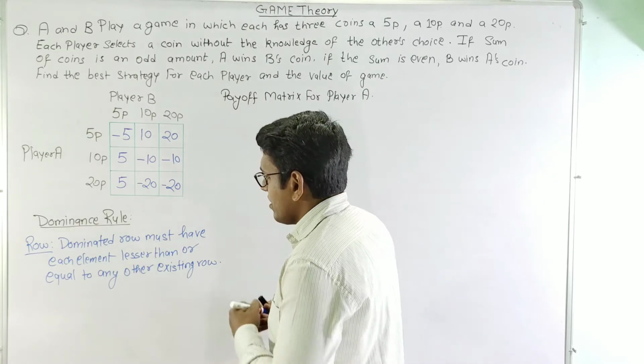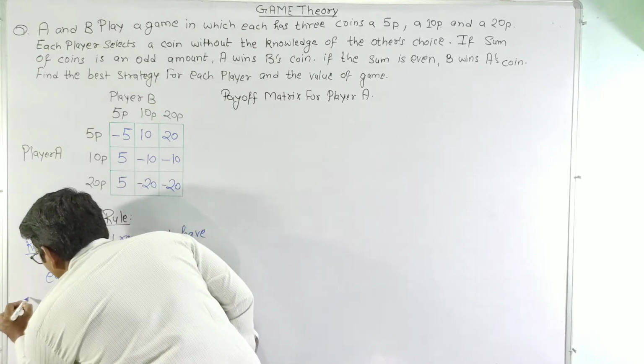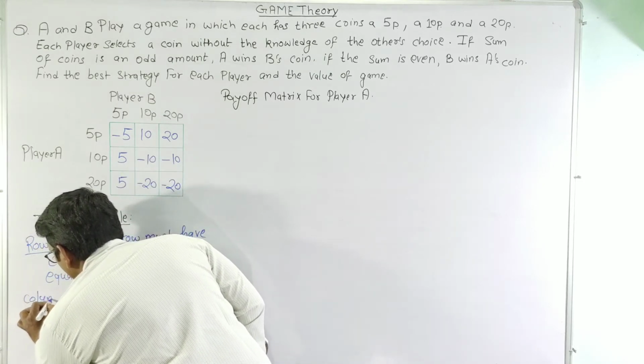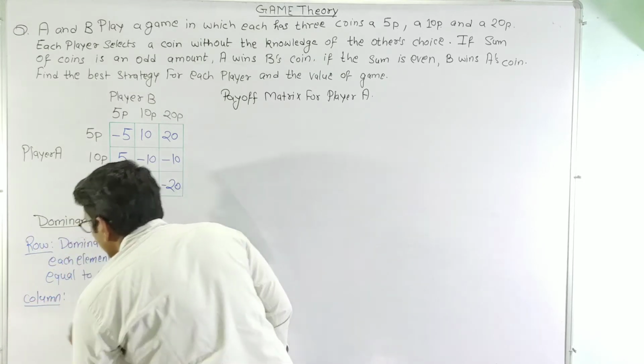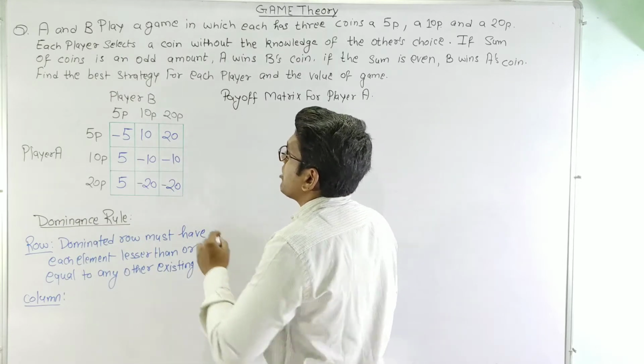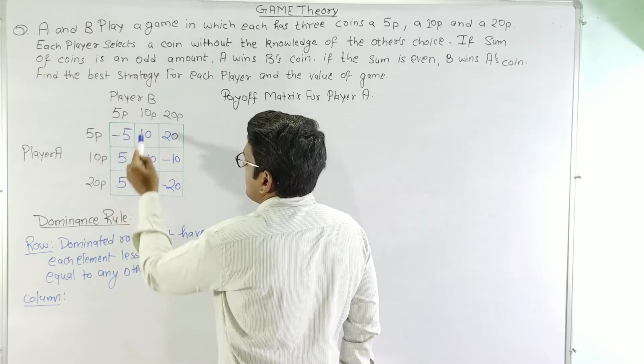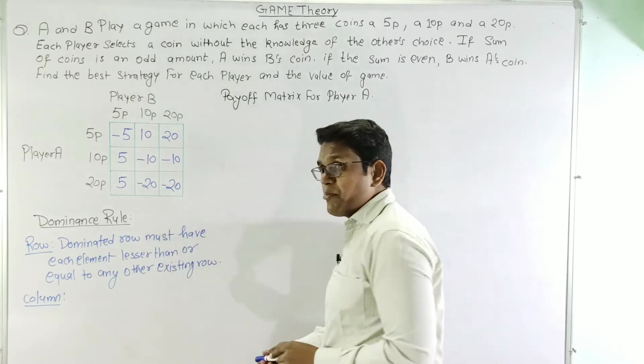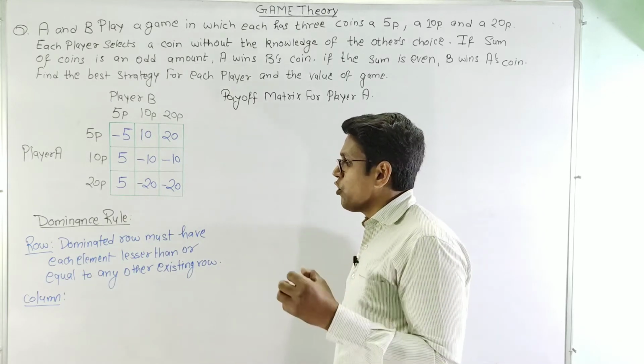Similarly, when we consider the dominance rule in columns, we can say here that player B has his strategies in columns, and player B will try to minimize his loss.